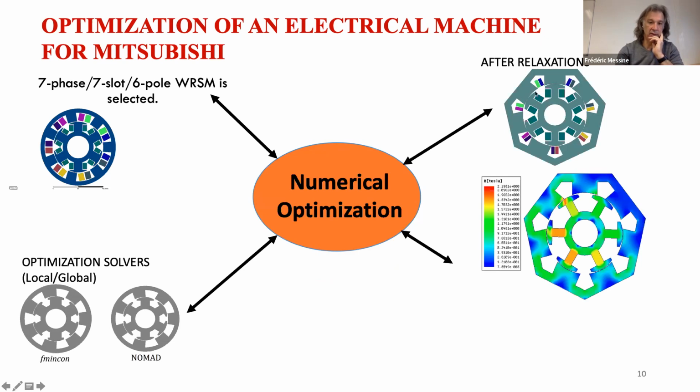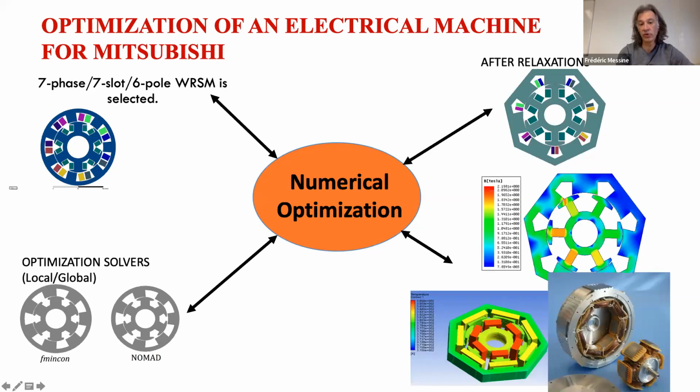That's an electrical machine that we designed for Mitsubishi, and we also constructed it and validated the solution, to prove that this machine is okay. So that's the end of my first part. It's just for you to have in mind the link between design and optimization, because that will be the case for all my talk this morning.